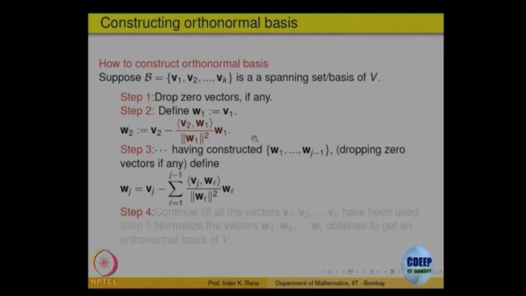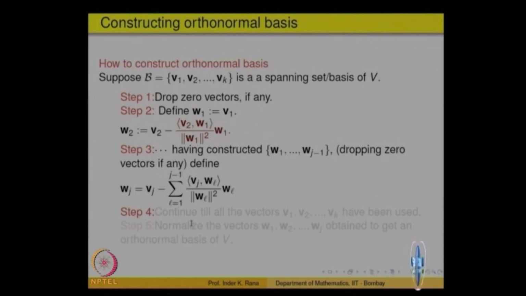Having defined W1, W2, Wj minus 1, and if there are any zeros we drop them, so we are assuming that none of them is 0 once you have reached this stage. Then look at the next vector Vj from the given set and look at the projections of Vj on each one of the previous ones. All these are removed. You will get a vector Wj which is orthogonal to all the previous ones.